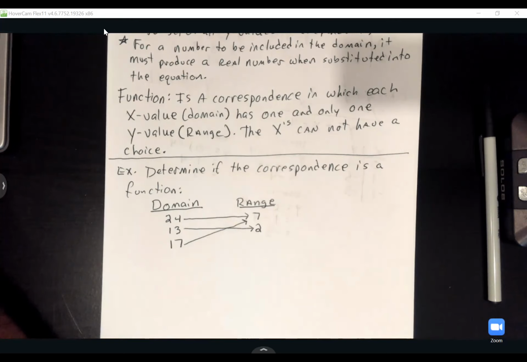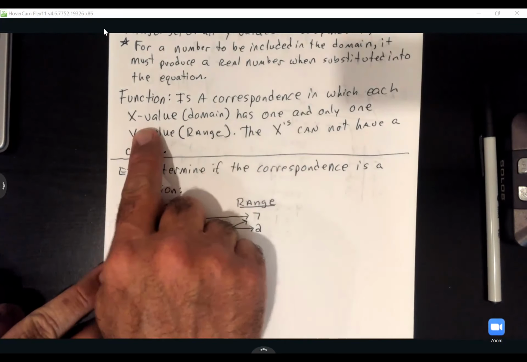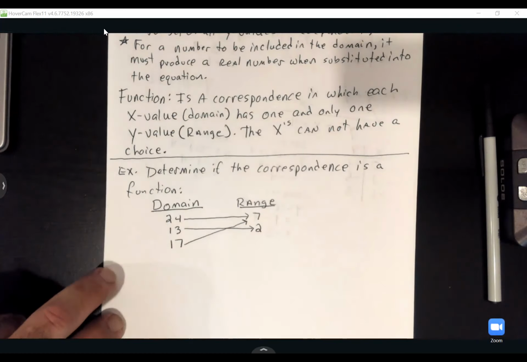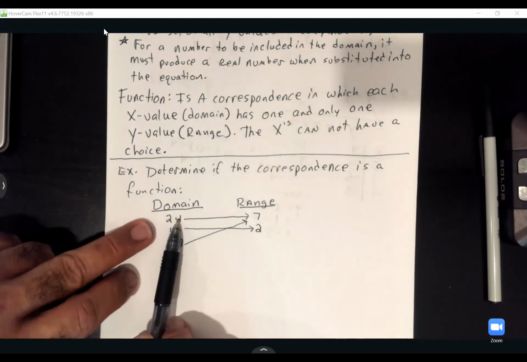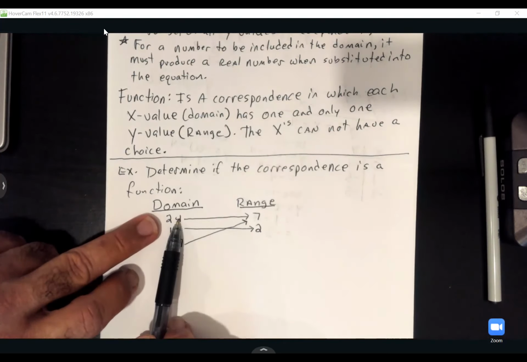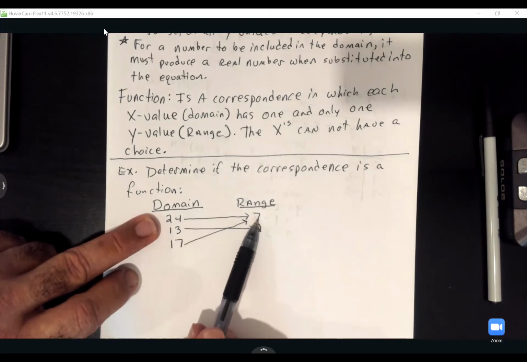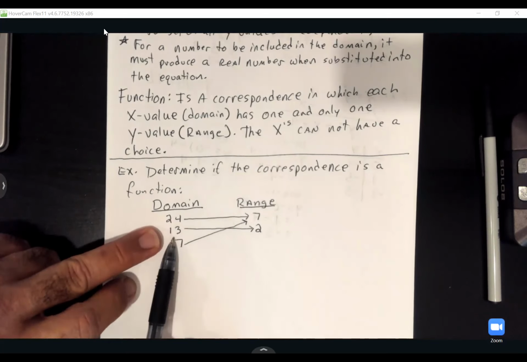All right, so let me pull that chat back up. So y'all read what we said. If it's a function, each x value has one and only one y value. Oh, so let's look at this one, Zion. Look at this 24. I got a 24. How many range values does it have? The 24 only points to one range value of 7. So the 24 is good. Now look at the 13.